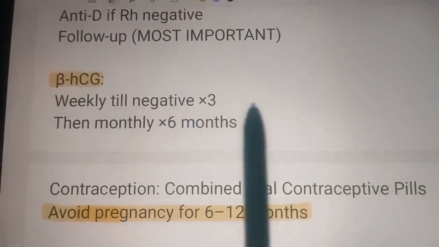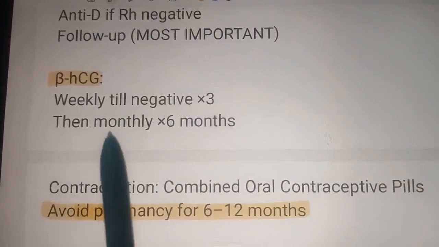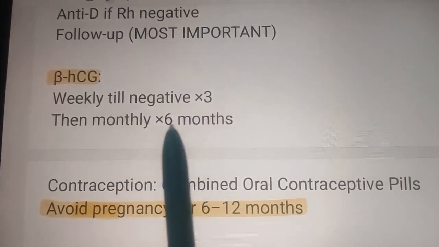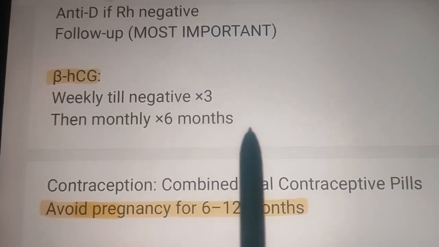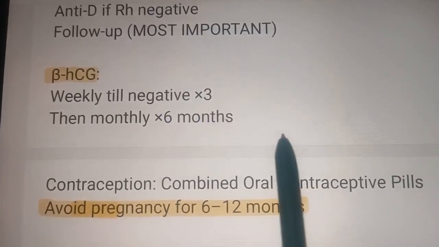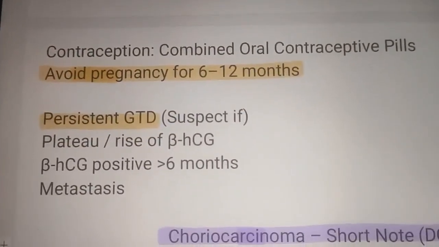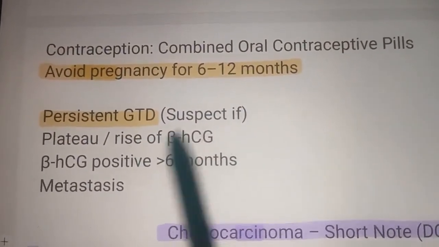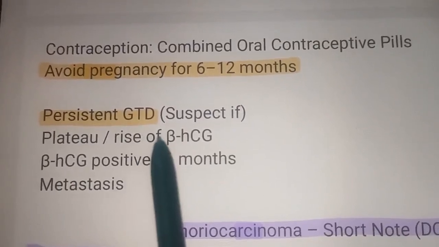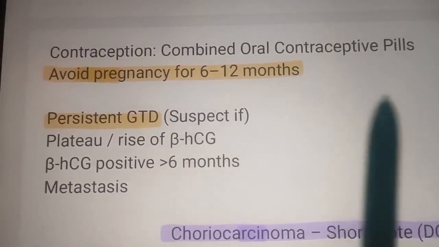Follow-up is the most important key. We follow beta HCG weekly till it comes negative 3 times, then monthly up to 6 months. Combined oral contraceptive pills are used, and avoid pregnancy for 6 to 12 months.